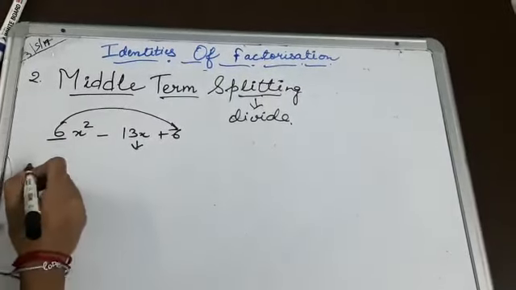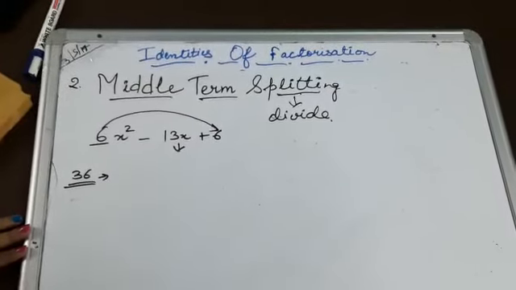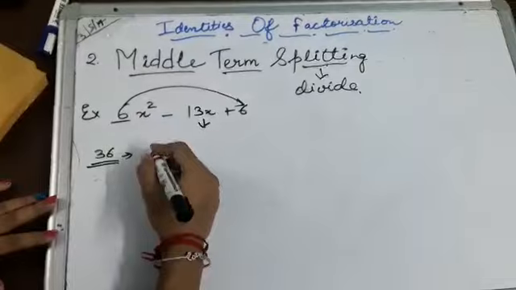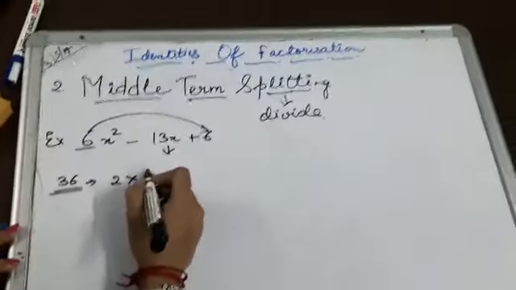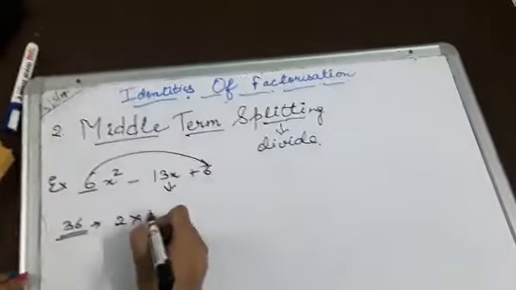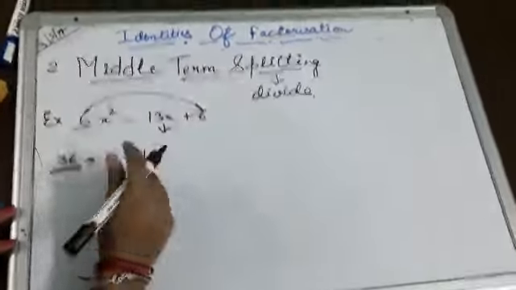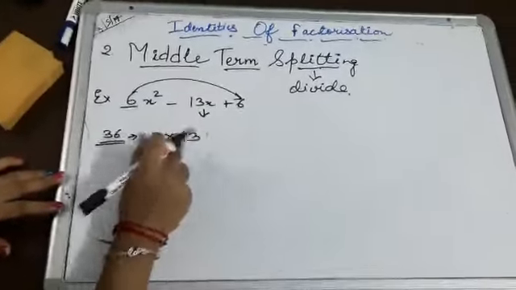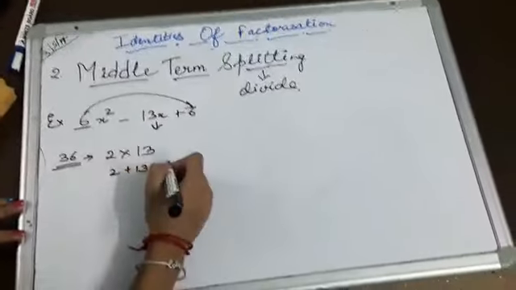We get 36. So what are the factors of this number 36? If we multiply 2 times 13, we get 36, but by adding 2 plus 13, we get 15.